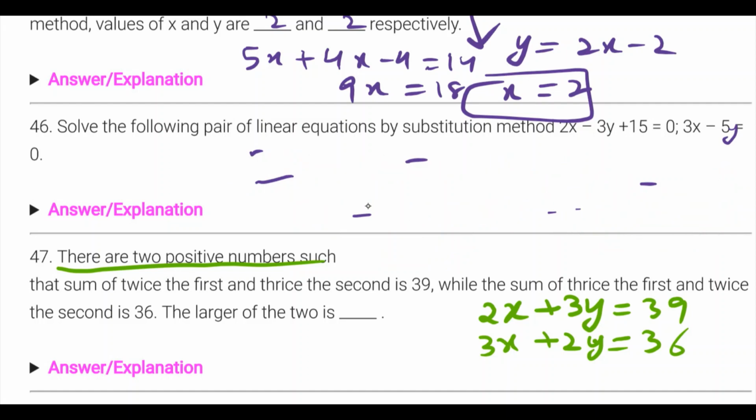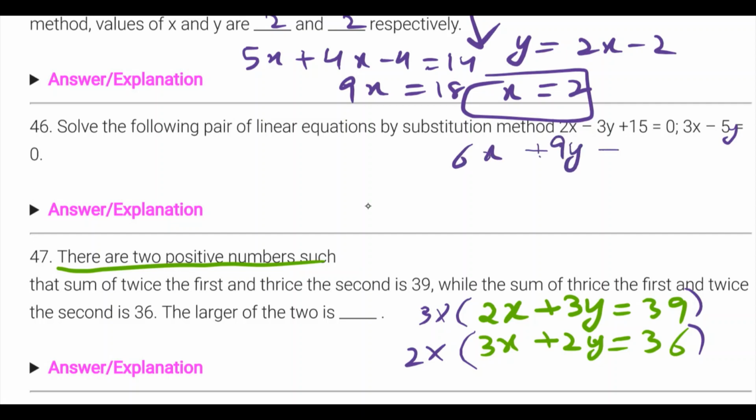So let me do it here. So multiply 3 for this and 2 for this. This is 6x plus 9y equals 39 into 3. So it's 117, and this is 6x plus 4y equals 36 into 2, which is 72.